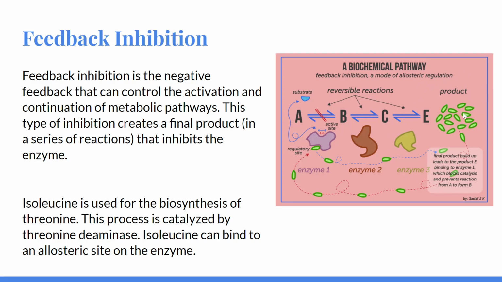When you have enough of the product, it will go back to the first step and bind to the enzyme in this first step and block it from making more product. So it's a nice way of self-regulation, and the substrate won't go through all of these pathways. There are a lot of enzymes in this cascade, so it would be using a lot of energy. This makes sense: if we have enough product, the product will block more energy from being used.